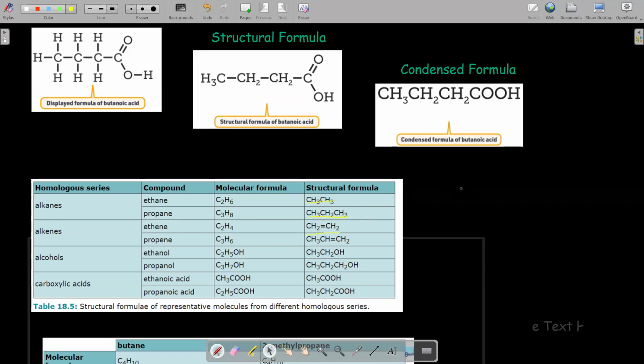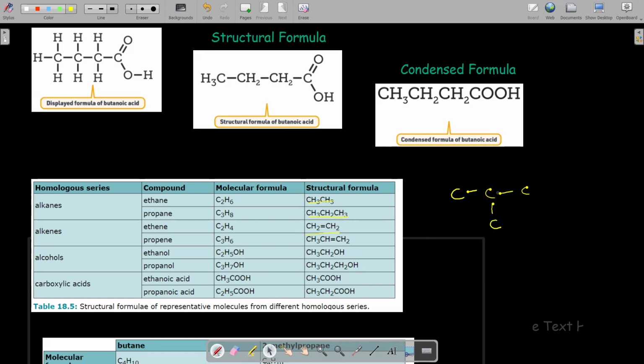For example, if you take butane. Butane has 4 carbons. Now, instead of putting that 4th carbon here, I am going to make it a branch. Let me take this off and put this carbon here.